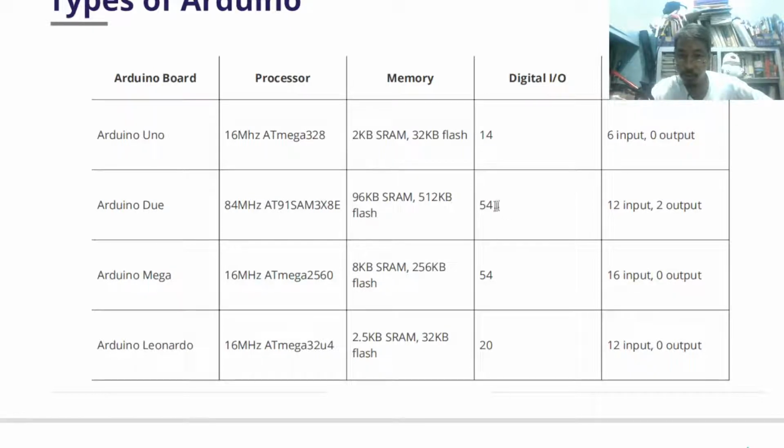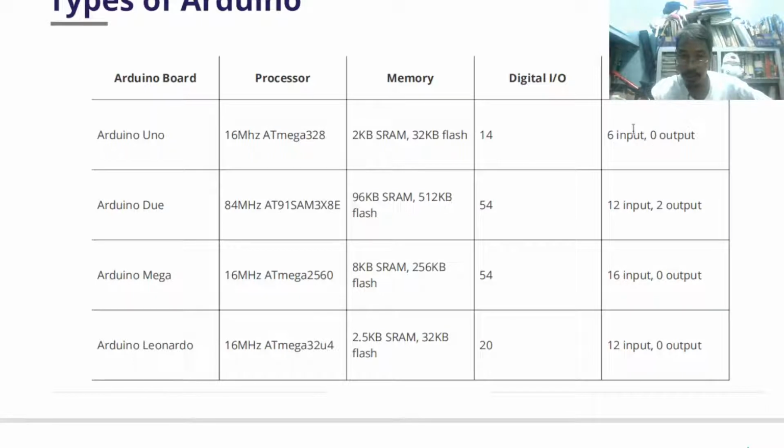Arduino Mega has 54. Take a look at how many digital I/O increased from Uno to Mega 54. Leonardo 20. So an increase in the number of digital I/O.